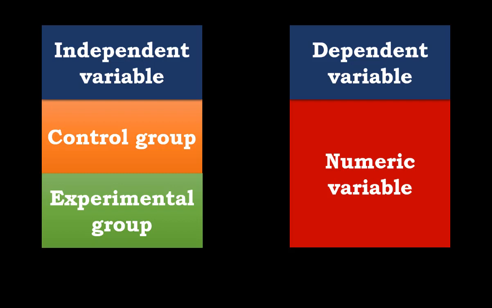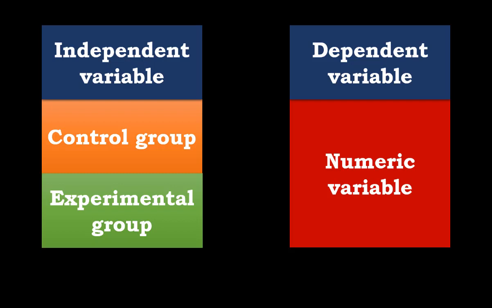It happens when we assign a group of participants to a control group and another group of participants to an experimental group. The control group will do something either passive or active, but it is something that we are not interested in the performance of that group per se.